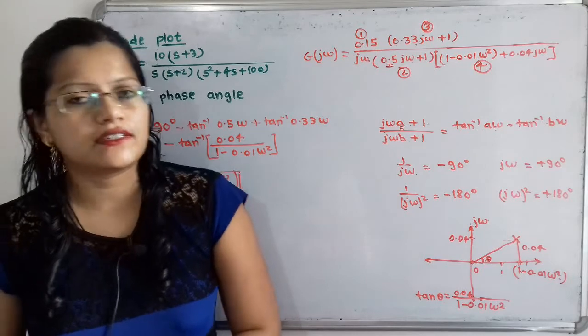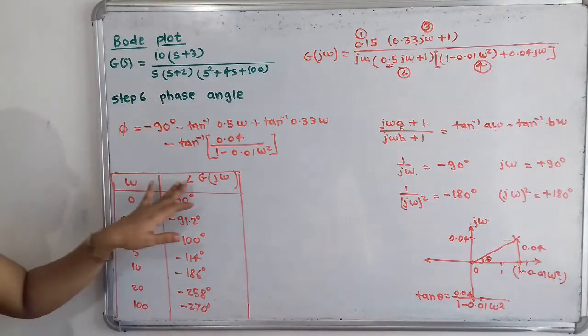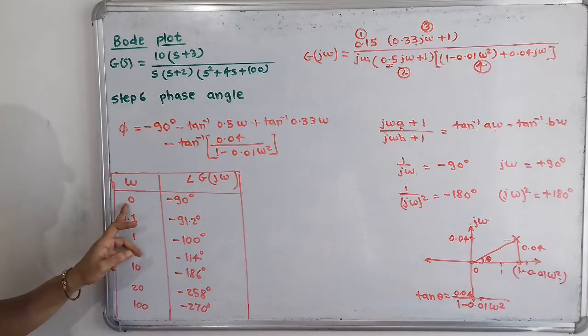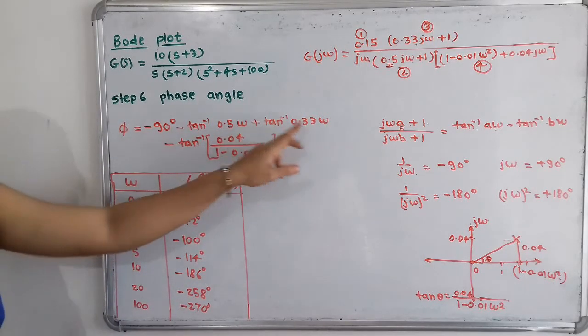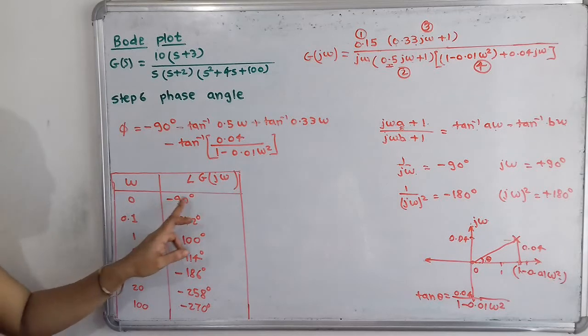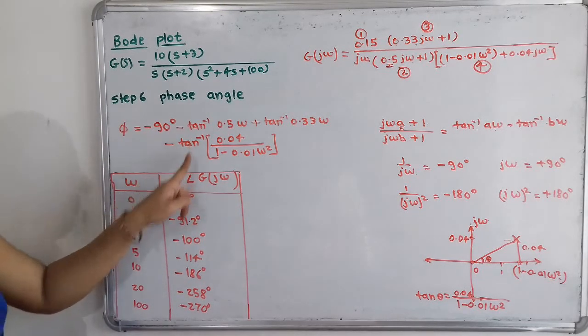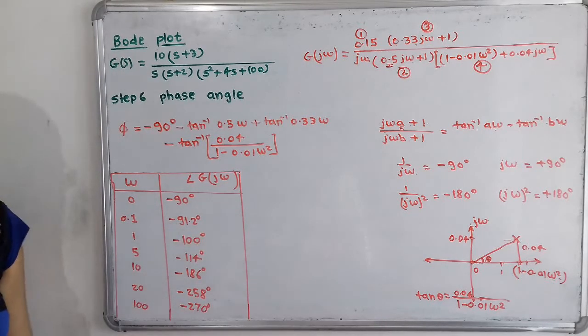Now we will consider different values of omega and we will calculate the angle of G(j omega). So when we put omega equal to 0 in this formula, then we will get angle minus 90 degree. When we put omega 0.1, then we will get minus 91.2 degree.